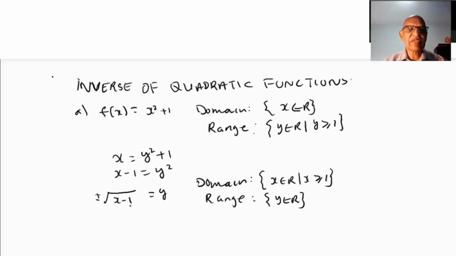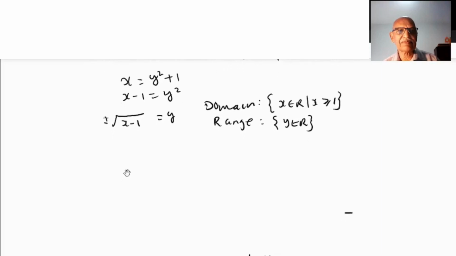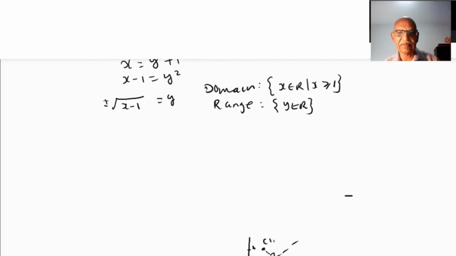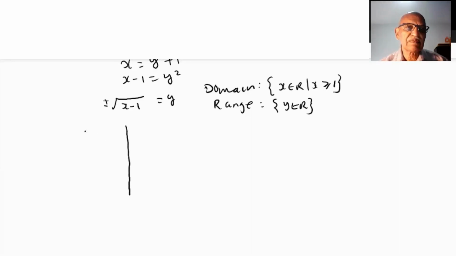So is the inverse a function? Let's see a graph of these. The original graph is x squared plus 1, which is here.